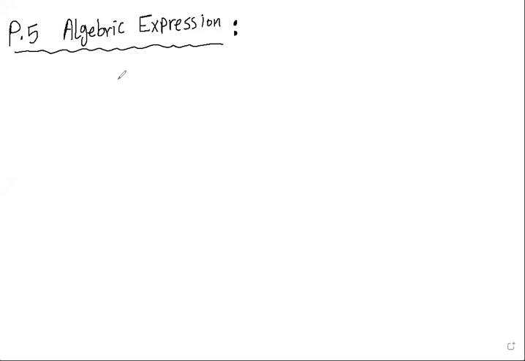So P5, algebraic expression. What is the meaning of algebraic expression? I will give you a brief meaning of this topic. It means I have variables. What is the meaning of variables? They look like letters, for example x, y, z, w, whatever. And I have real numbers.